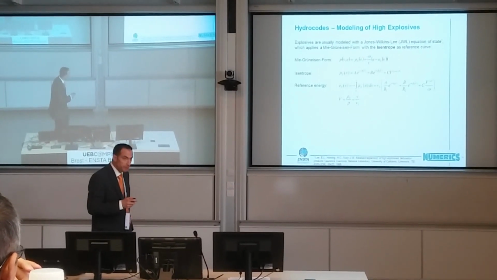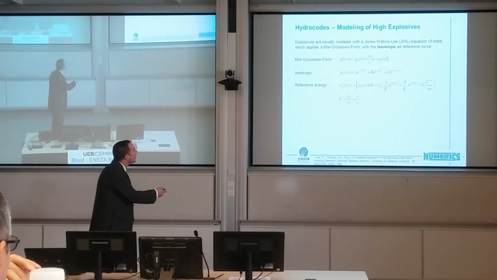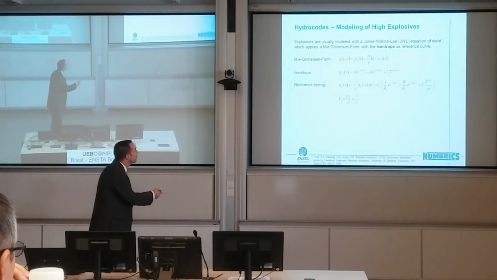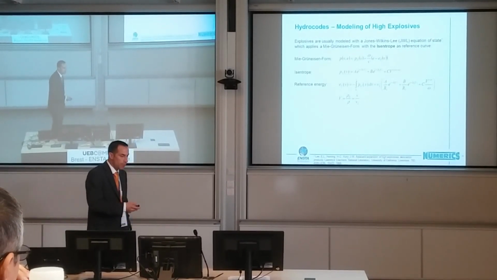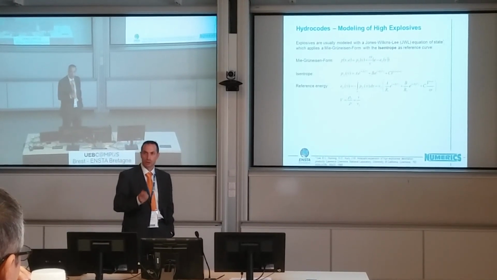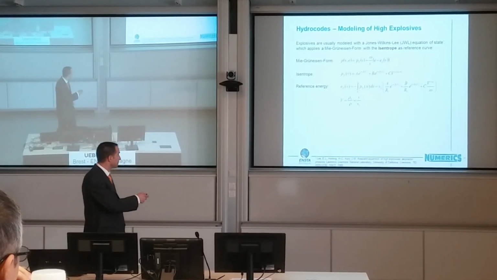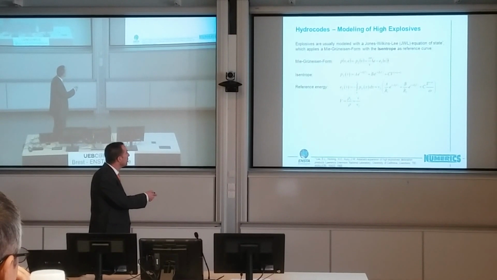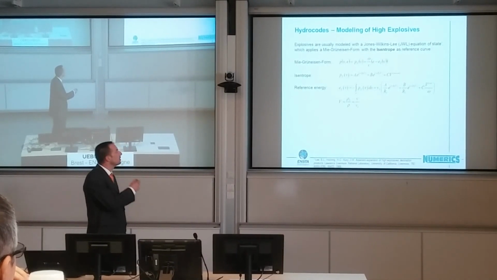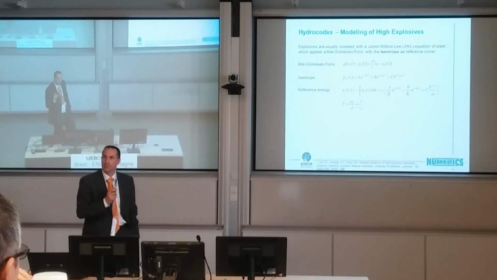Jones, Wilkins, and Lee assumed the isentrope to follow this form, which is actually just a mathematical approach to capture the isentrope, with A, R1, B, R2, C, and omega being model parameters.